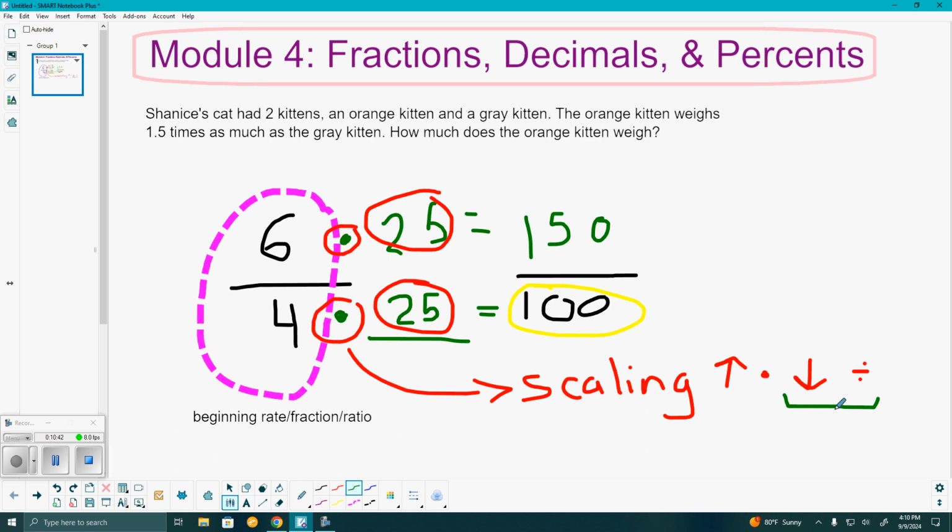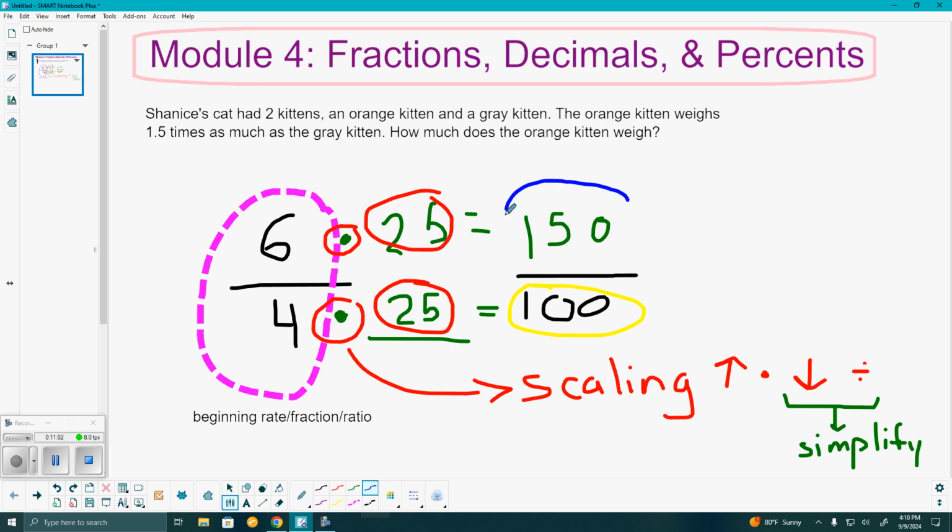Another way to say scaling down is to say simplify. So if you divide a fraction to get the smallest amount of numbers possible, then you are simplifying that fraction.